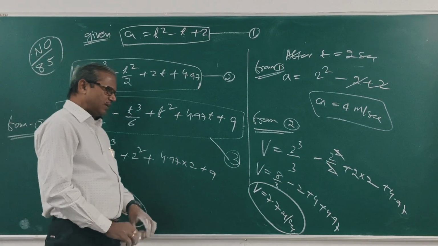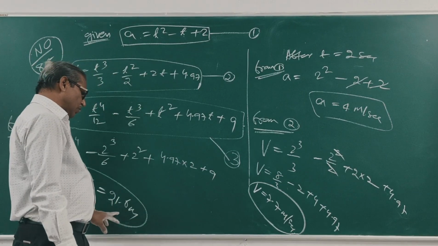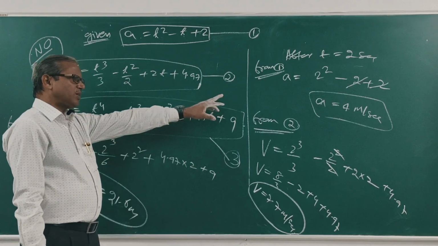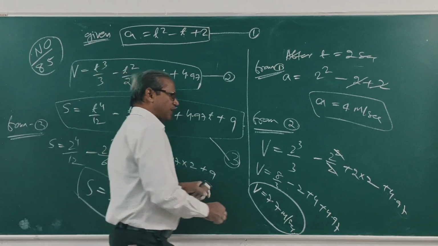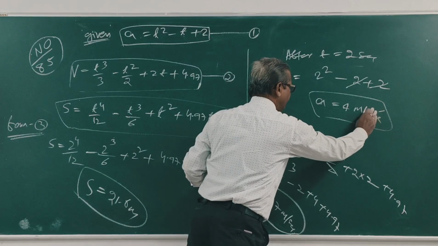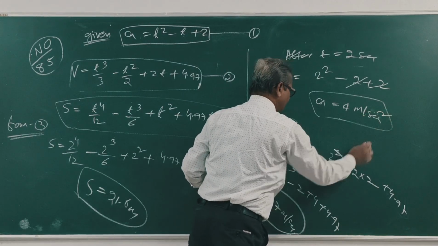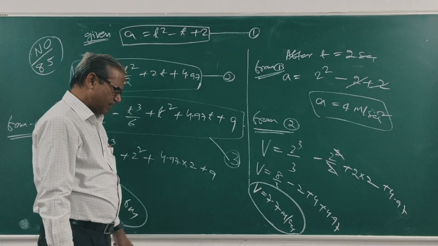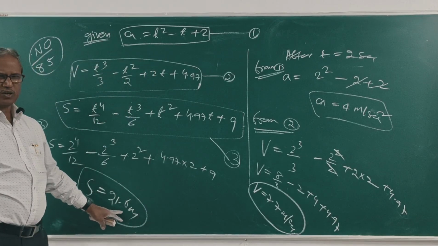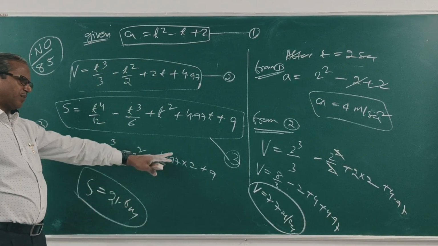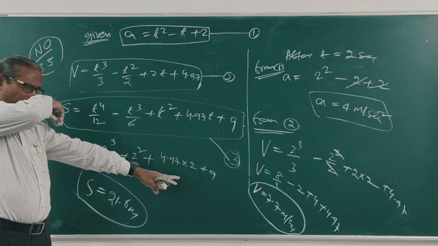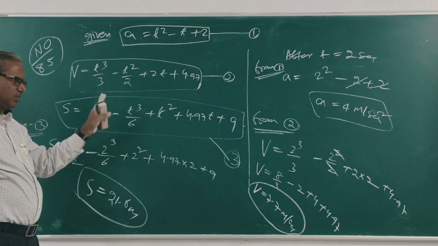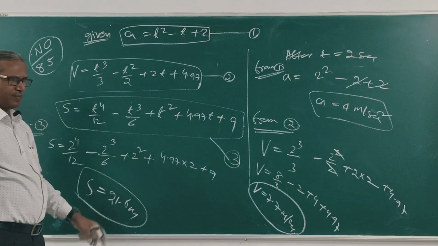So after 2 seconds, the displacement is 21.6 meter, velocity is 7.7 meter per second, acceleration is 4 meter per second square. So this is the answer for question number 85.